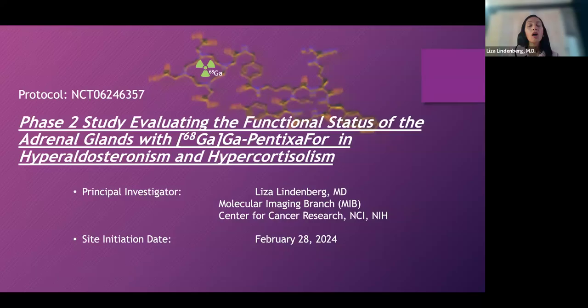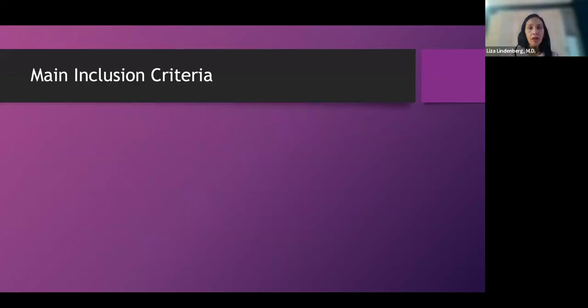That brings me to the study that we have now going on at National Cancer Institute, which is a phase 2 study evaluating the functional status of the adrenal glands with Ga-PentixaFor in hyperaldosteronism and hypercortisolism.